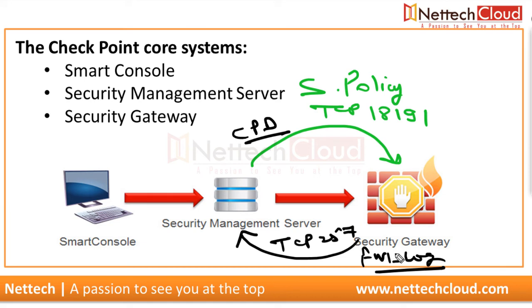So the next question is, do we need to allow these two communication ports? No. Again, same, implicit, by default they both are allowed. Both are allowed, meaning 18191, that is CPD, and for the logging, TCP port 257. Both are allowed by default.